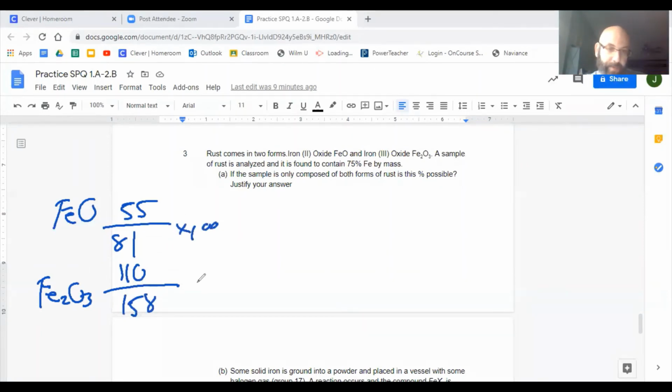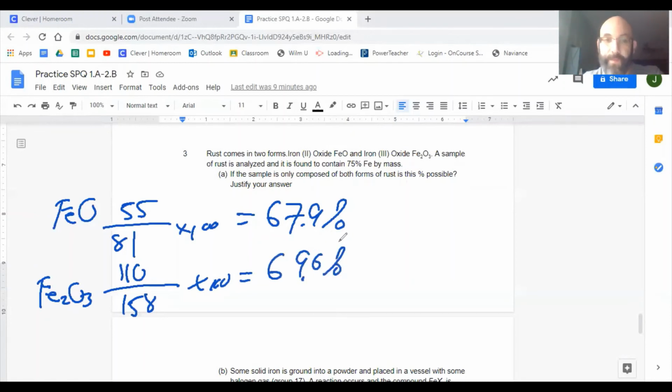And we'll multiply them both by 100. And then let's see what we get. So 55 divided by 71 times 100 is 67.9%. And then 110 divided by 158 is 69.6%.